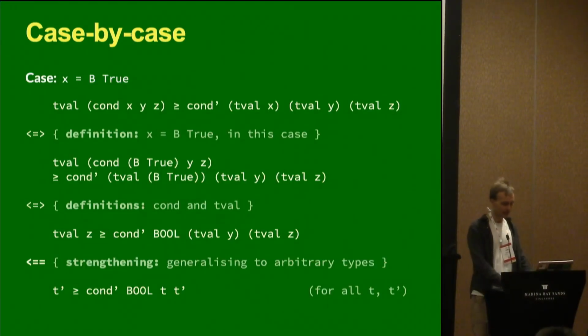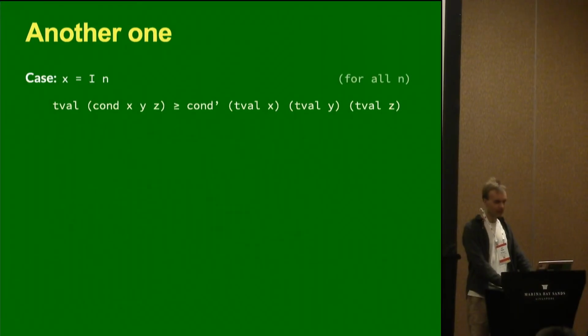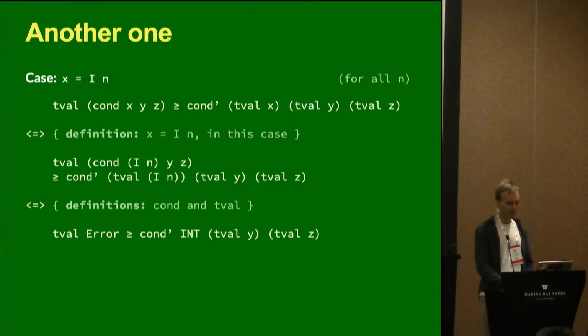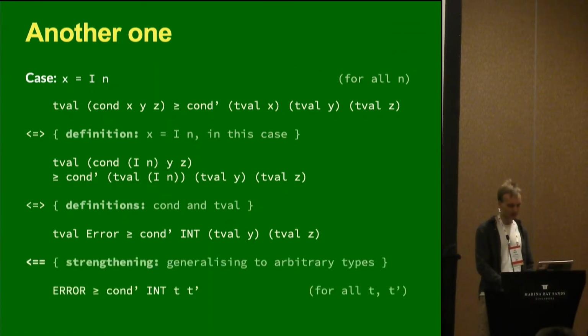Okay, cool. And actually, this pretty much goes exactly the same for all of the other cases that we look at for x. So here's the integer case. I won't show all of them, but here's the integer case. It really is exactly the same. We substitute x in, we apply cond and t-val, and then we make this same strengthening step again.